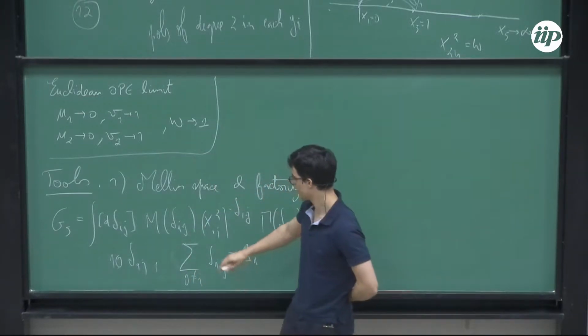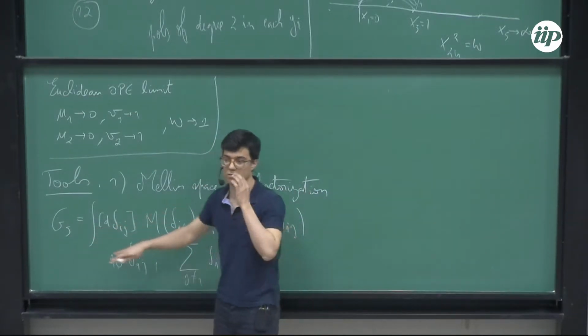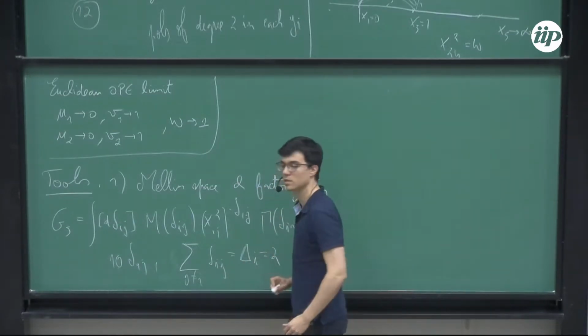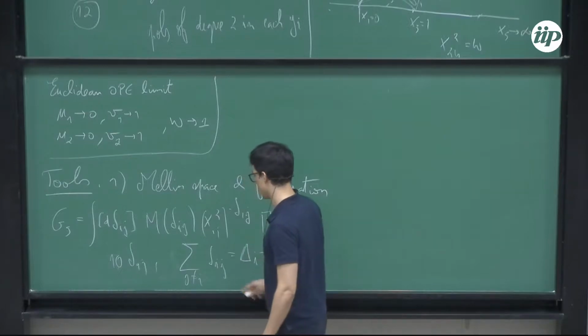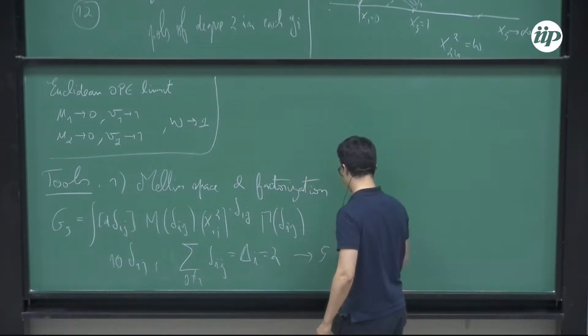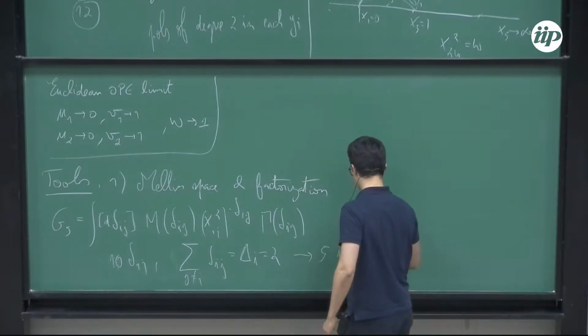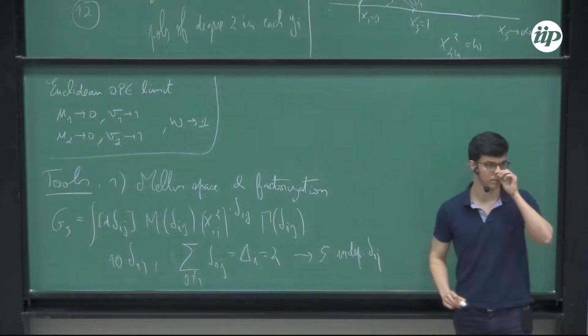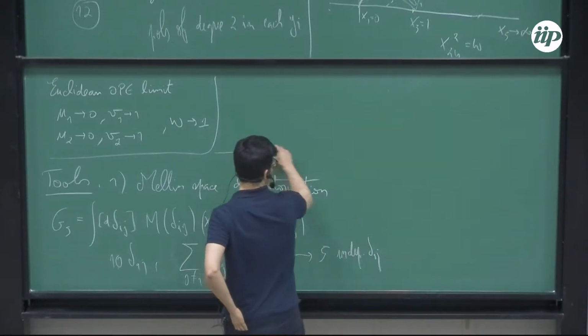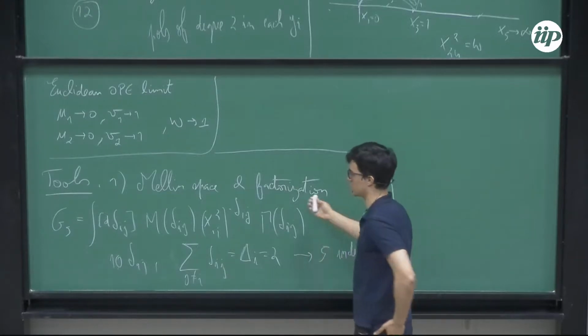It is just saying that this function has conformal weight delta i, which in our case is going to be 2 at each point. And so we have 5 conditions, which means that in the 5-point function there are 5 independent delta ij's. Okay? Very good. So this is just the usual.